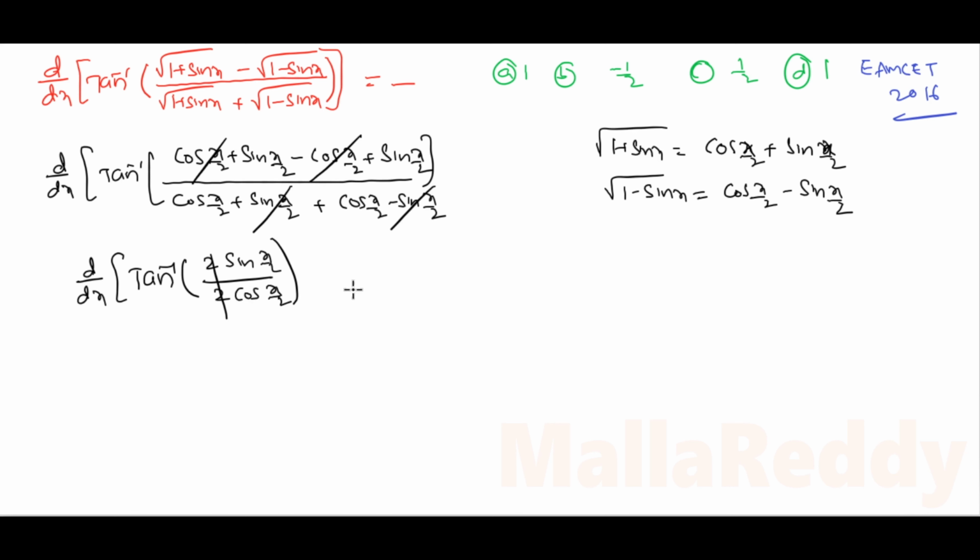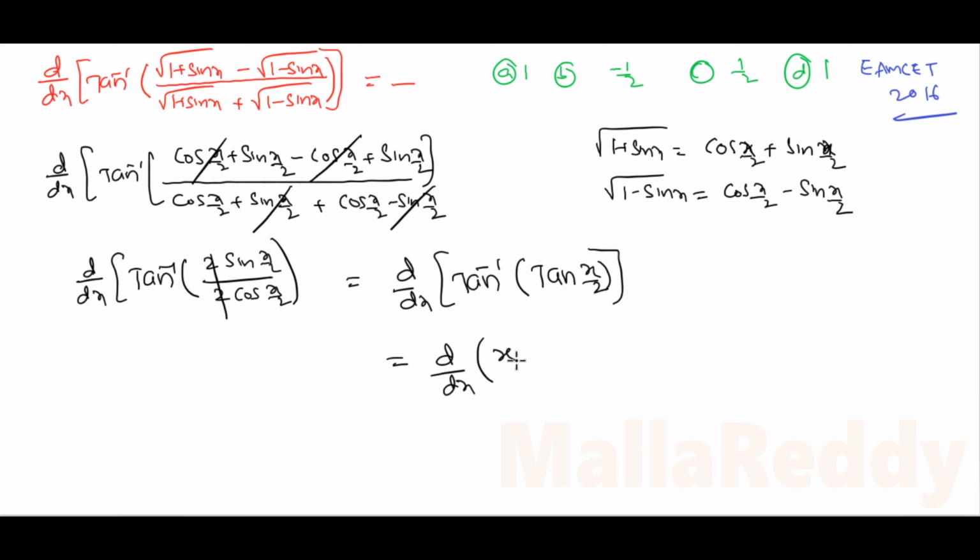Here 2 cancels, that is equal to d by dx of tan inverse of tan x by 2. So tan inverse tan cancelled, that is equal to d by dx of x by 2. So the derivative of x by 2 is 1 by 2. So the third option is the correct answer.